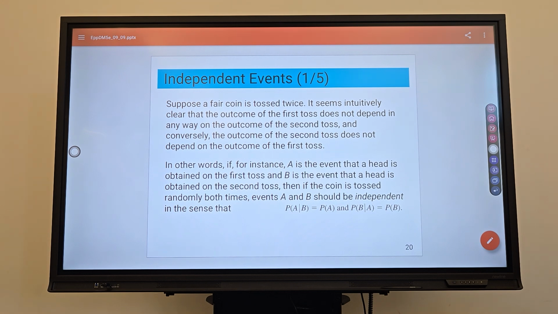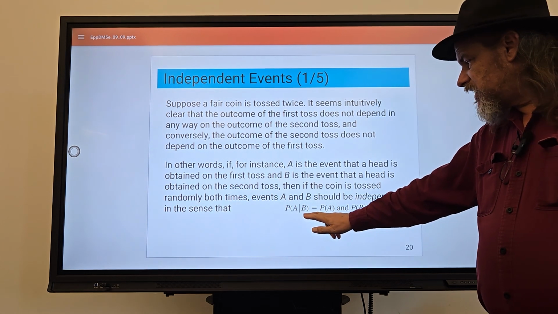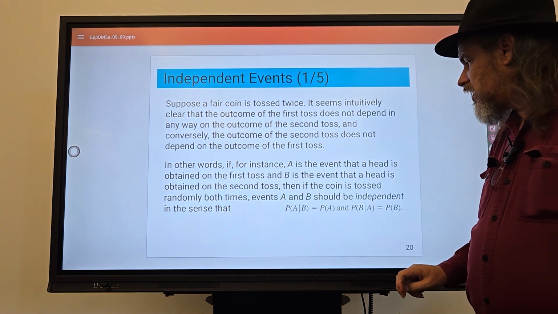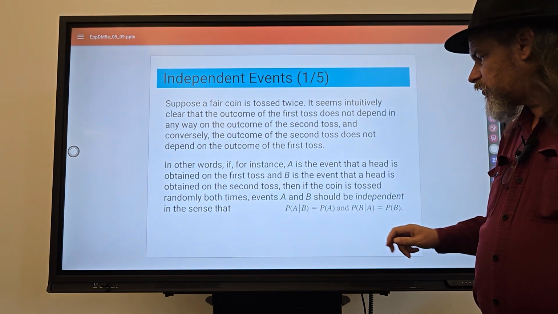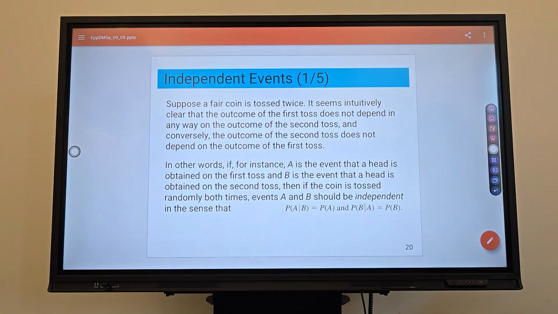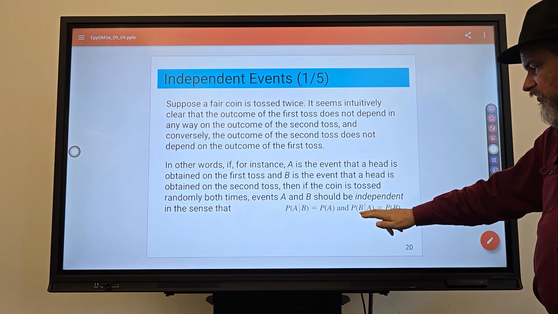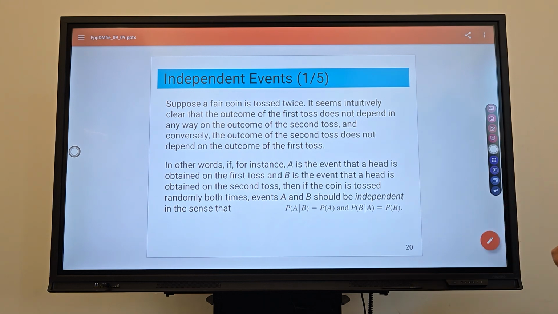Then, if the coin is tossed randomly both times, events A and B should be independent, in the sense that in the event of B, A occurring should have the same probability as A occurring. Likewise, in the event of A occurring, B occurring should have the same probability as B.